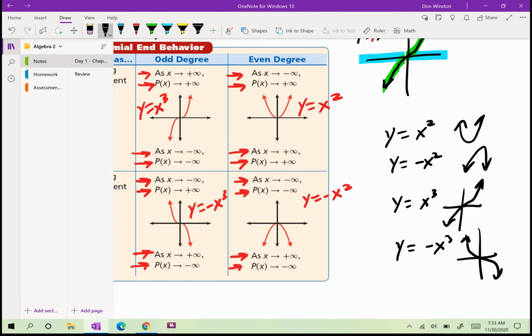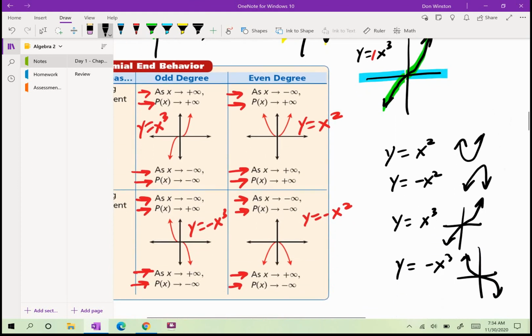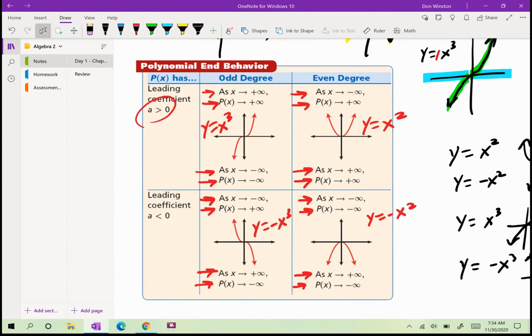And that would be the case for any odd degree polynomial. Degree 3, degree 5, degree 7. It doesn't matter. So those are the ones you just need to remember. And you'll know everything about the end behavior of polynomials. So like I say, you only really need to remember two classes of functions, polynomials, x squared and x cubed. So let's take a look at some examples here.